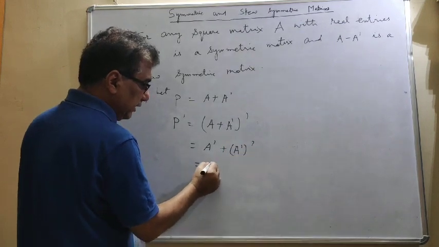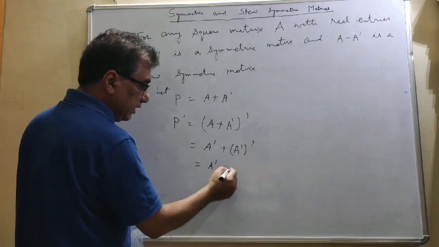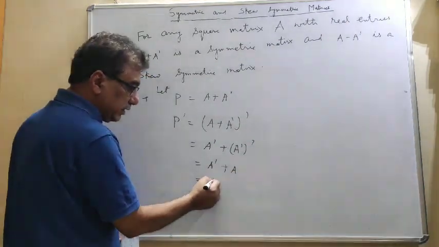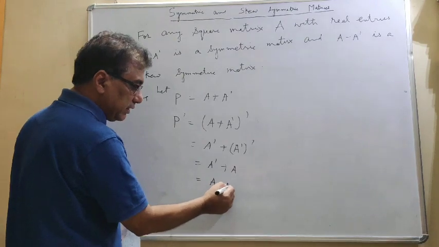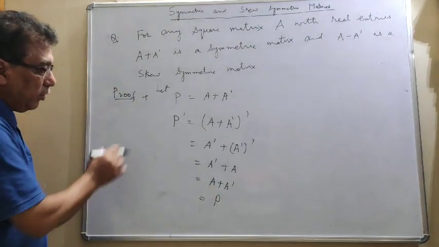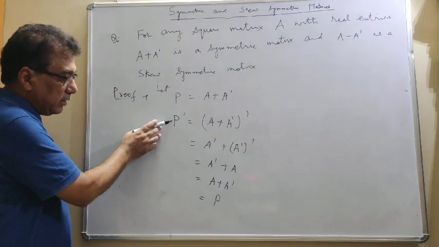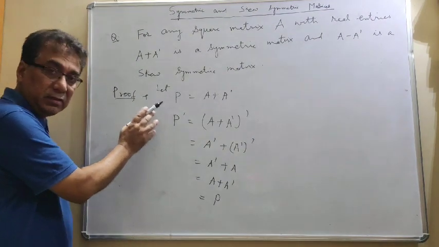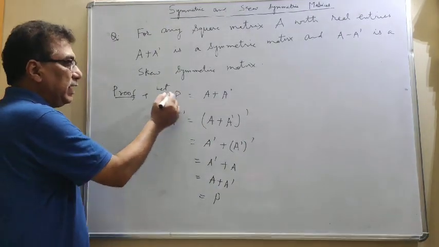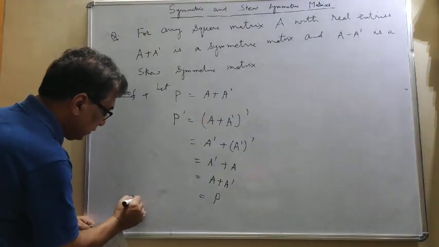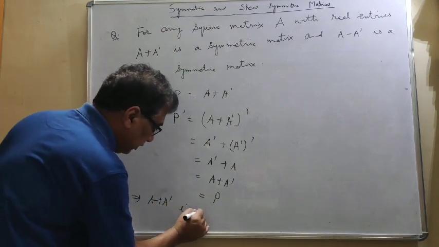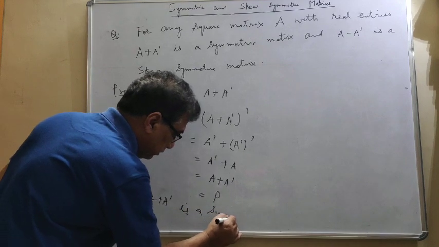This is A dash, and A double dash is A, and matrix addition is commutative, so this may be written as A plus A dash, and finally we land at P. So what we have proved here is that the transpose of P is equal to P. That means P, that is A plus A dash, is a symmetric matrix.